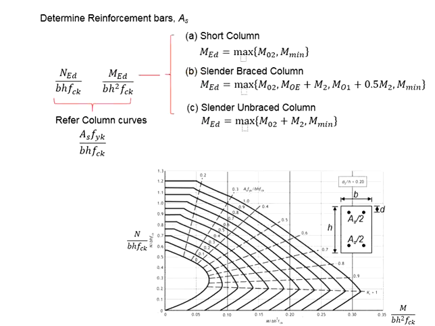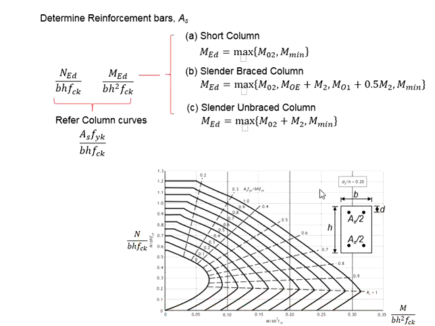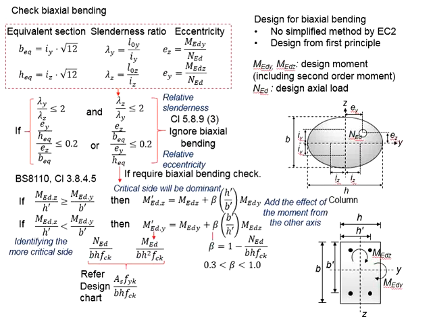In order to determine the amount of reinforcement bar, we cannot do the design chart separately for both axes. This might underestimate the design moment. This leads to the need to generate a new MED catering for the effects of the biaxial bending before we adopt them into the design chart.